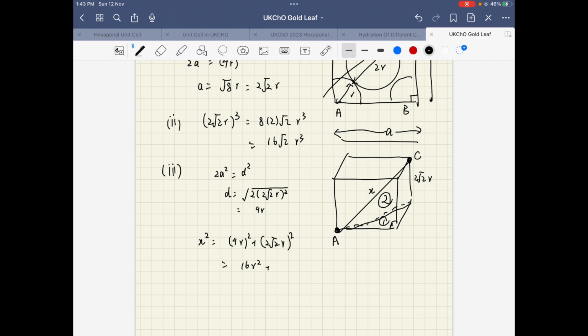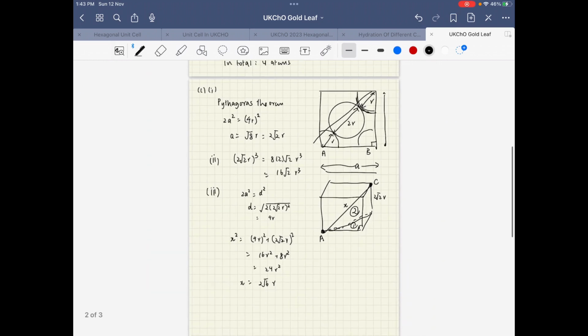So that's 16R squared plus 8R squared, which is 24R squared. So x is 2 times root 6R.